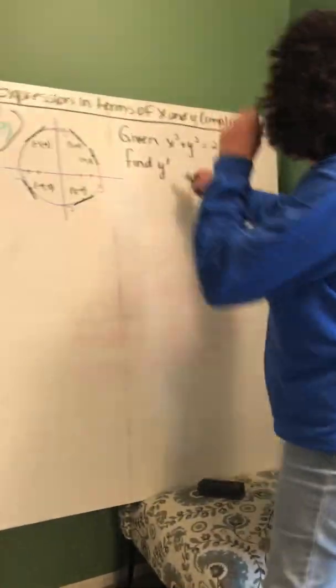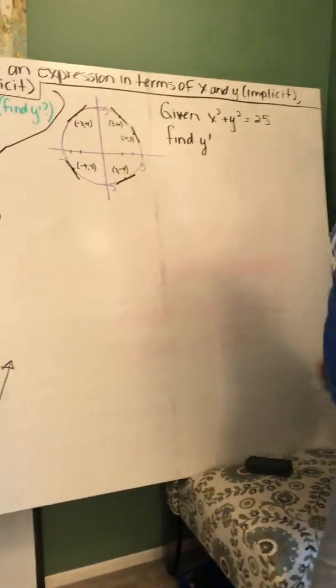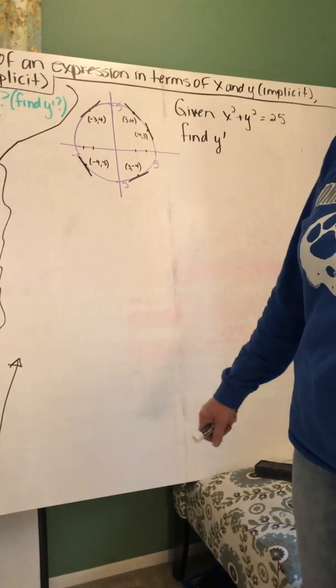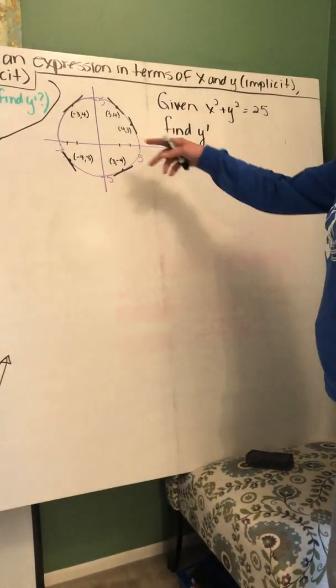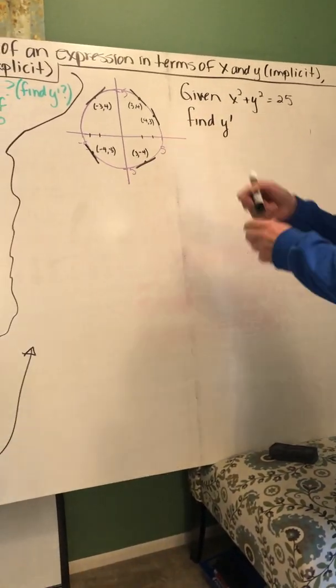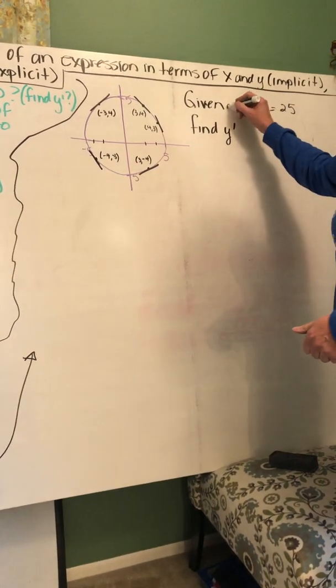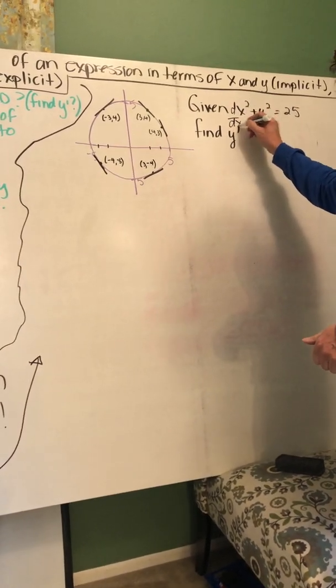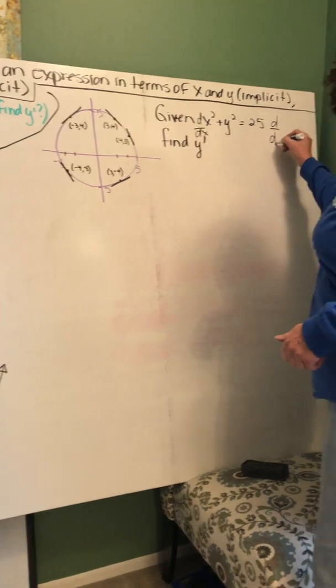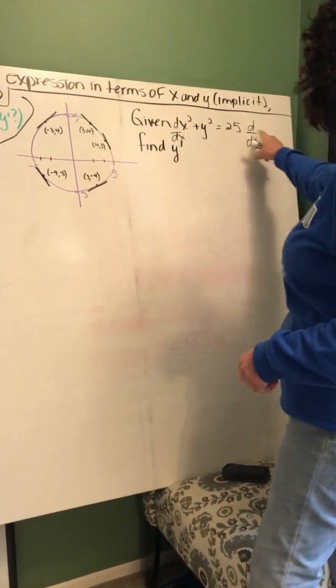Here we go. So, given x squared plus y squared equals 25, you know what this is. It's a circle with a radius of 5, with a center of 0, 0. Find y prime. So here we go. We are going to take the derivative of both sides with respect to x. Now I'm going to go left to right.